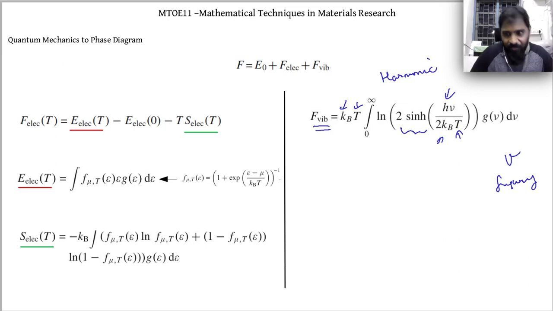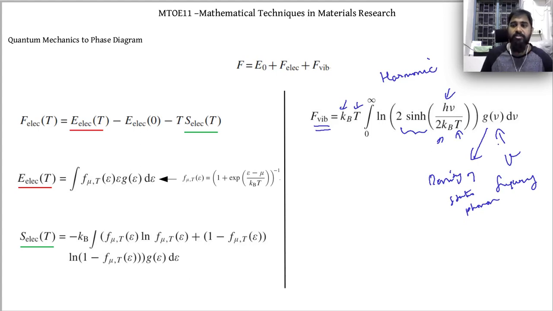In order to calculate this, the frequency essentially dictates this G of nu, which is nothing but our density of states that pertains to phonons or vibration. So the density of states that pertains to the vibration again depends on nu, the frequency.